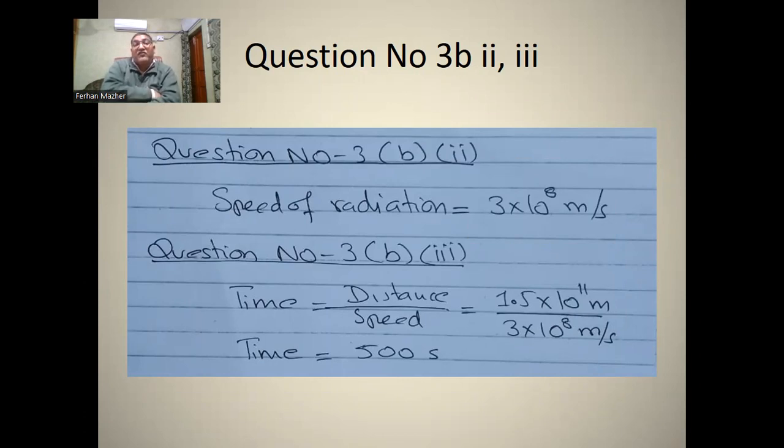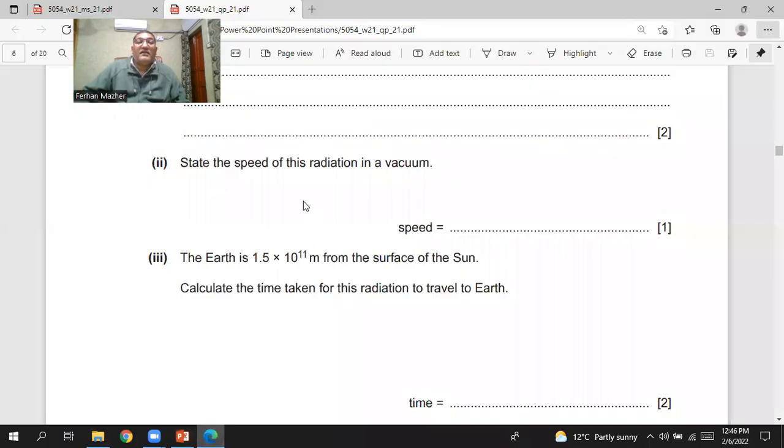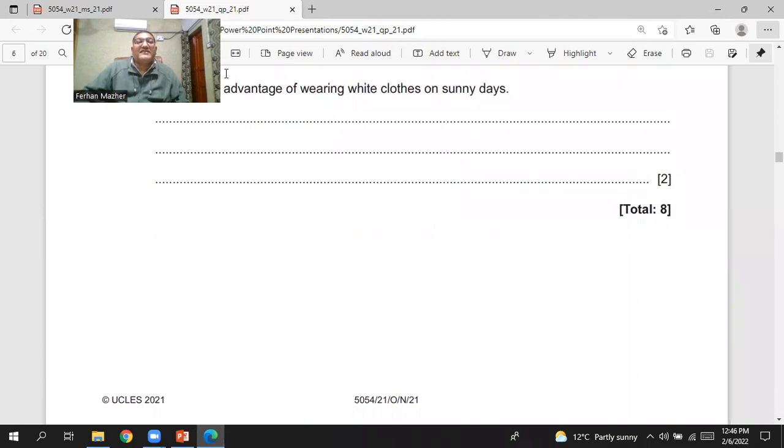Write in your calculator 1.5 × 10^11 divided by 3 × 10^8 equals, and that will give you 500. So the time taken will be 500 seconds. Okay, so we are done with this numerical.